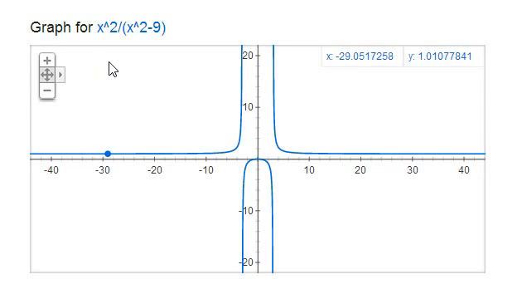Okay, so we're looking at this graph. This is on Google's search page here, if you just type that into the search results. Anyway, this is our function x squared over x squared minus 9. And by taking a look at the graph of the function, we can kind of see a lot of what's going on. However, we're going to do the math and prove this stuff.